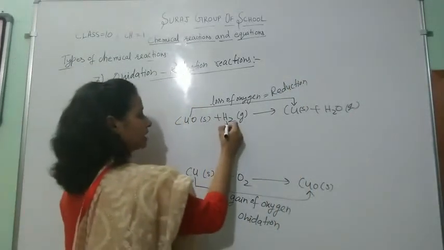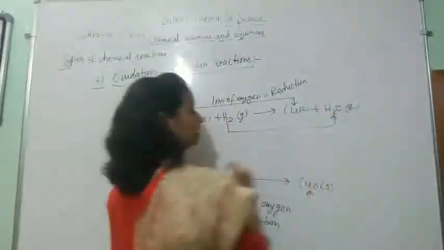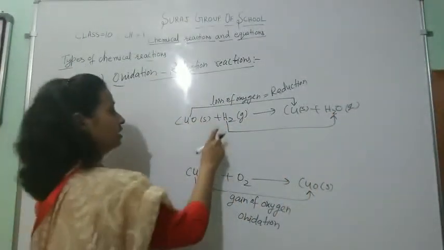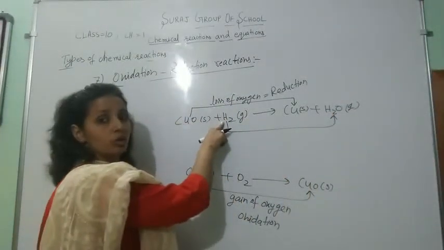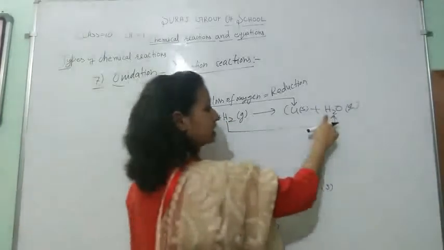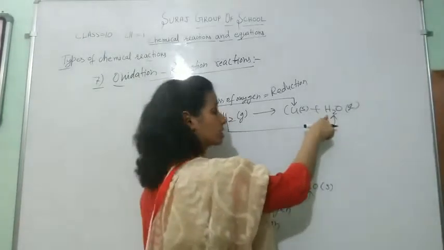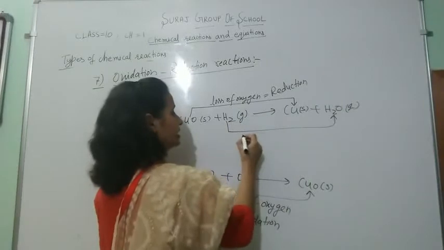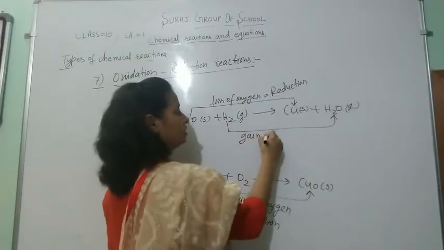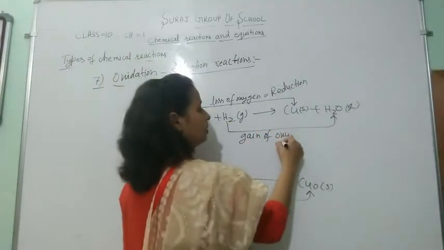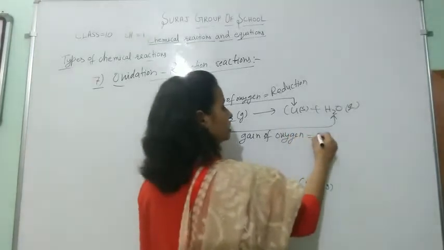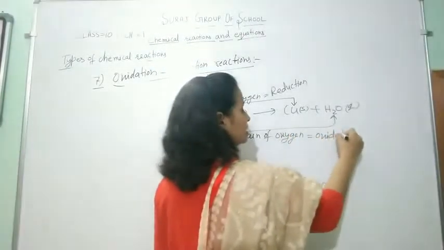Now, for hydrogen and water: hydrogen has no oxygen on the reactant side, but on the product side hydrogen is combined with oxygen. So there is a gain of oxygen, which is known as oxidation.